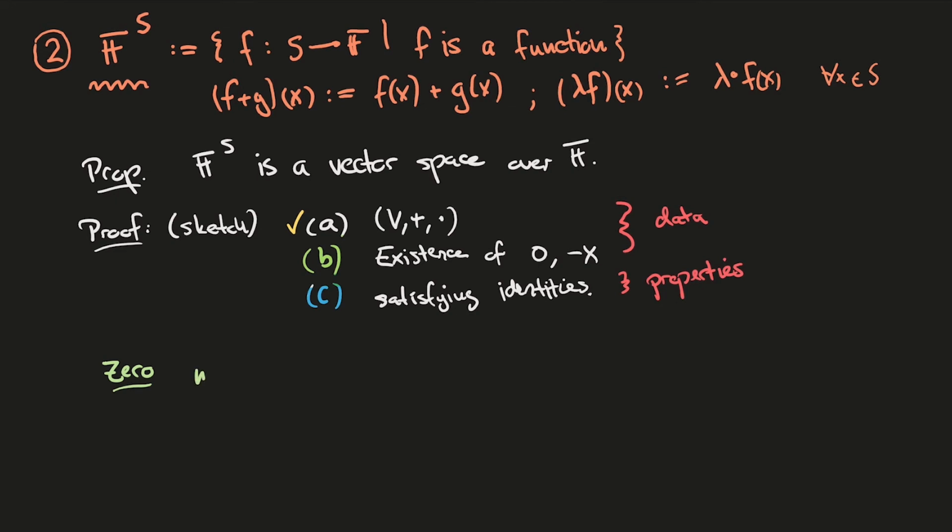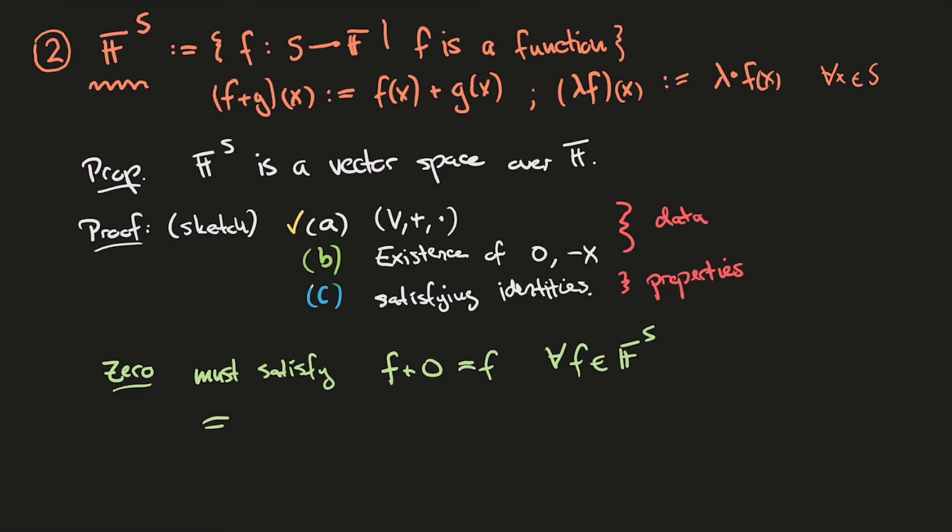So the zero element needs to satisfy f plus 0 is equal to f for all functions f in Fs. We notice that this equality here is an equality of functions, and two functions are deemed to be equal if they act the same way on all elements in their domain.